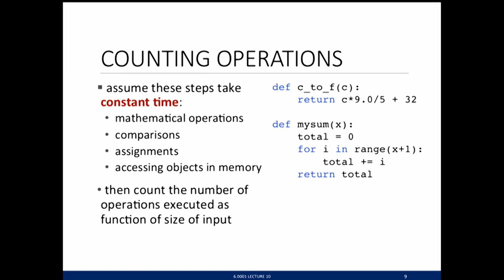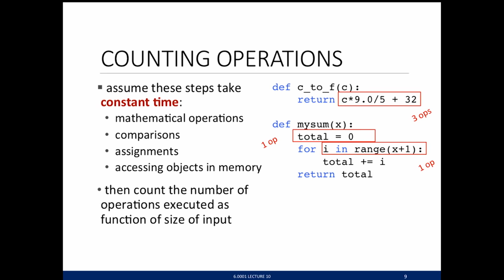But if I had a little thing here that added up the integers from 0 up to x, I've got a little loop inside here, and I could count operations. So in this case, it's just, as I said, 3 operations. Here, I've got 1 operation: I'm doing an assignment. And then inside here, in essence, there's 1 operation to set i to a value from that iterator.